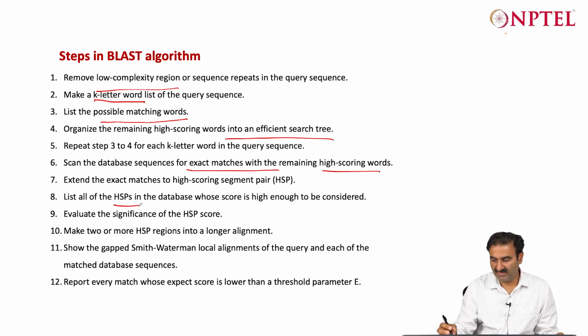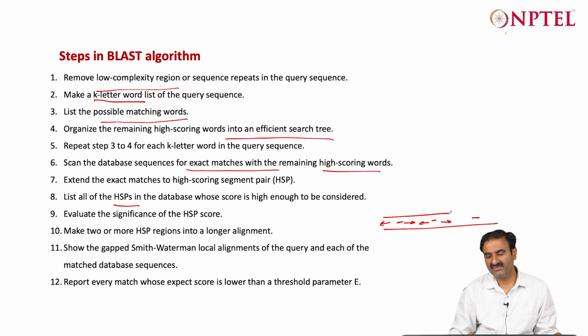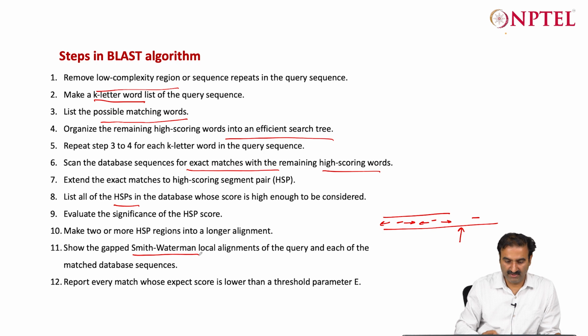It could be that one seed was matched here, one here, one here, and you have extended in all directions. This may become a single HSP combining two or more, while some gaps remain here, and then this could be a separate HSP. So this is basically the Smith-Waterman algorithm.